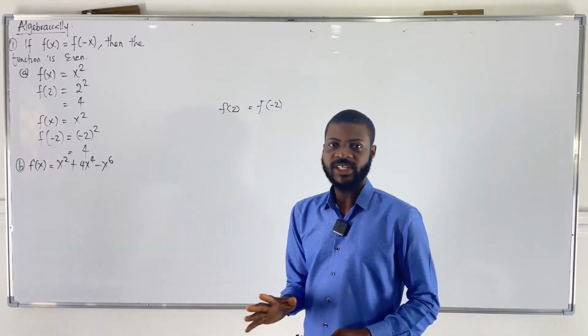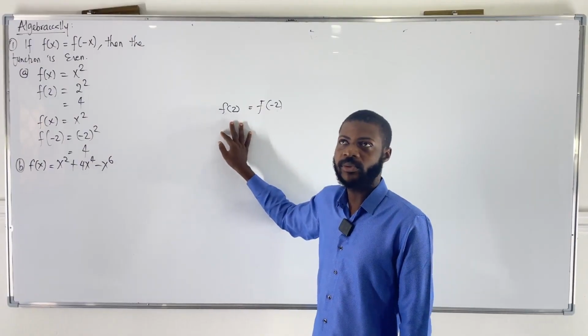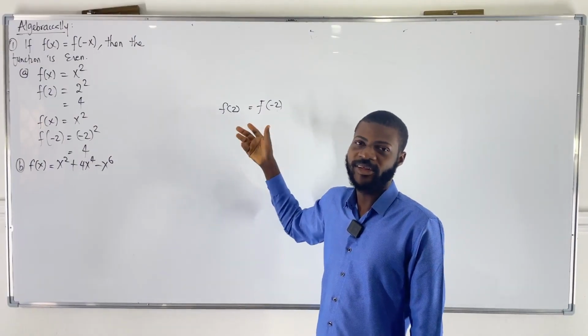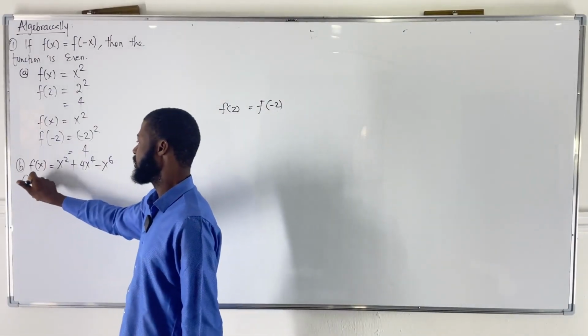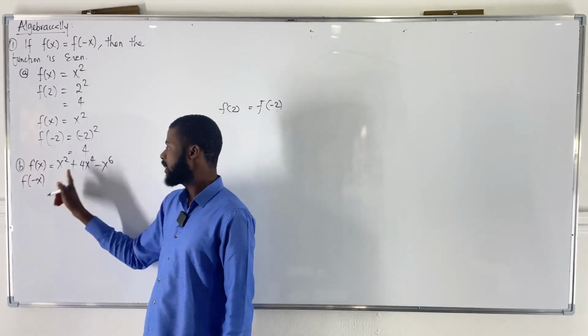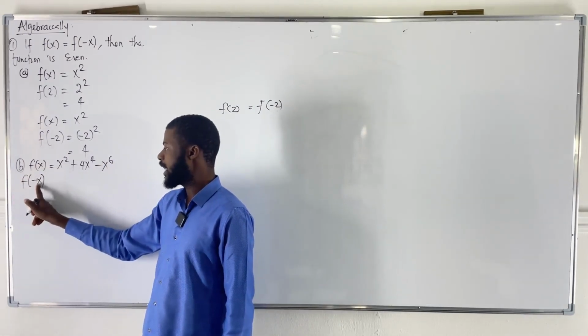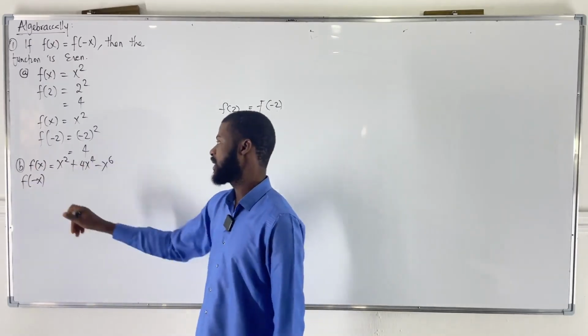I don't really want to stress myself, and I don't want to use numbers because using numbers will seem so funny. So let's use x. But this time around, let's see what f of minus x would be. The first one is x, positive. Let's see if when I put the x as negative, my answer will still be the same.